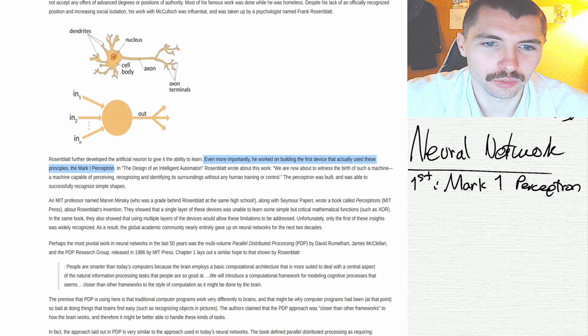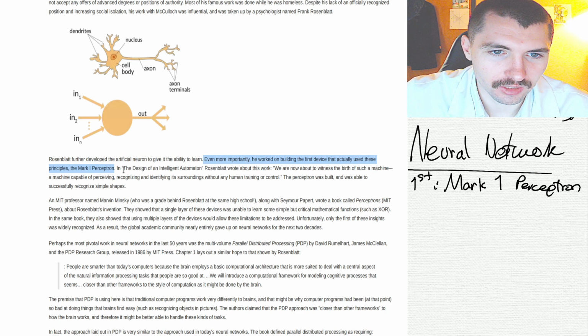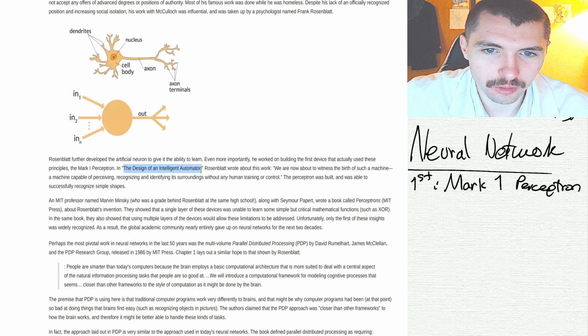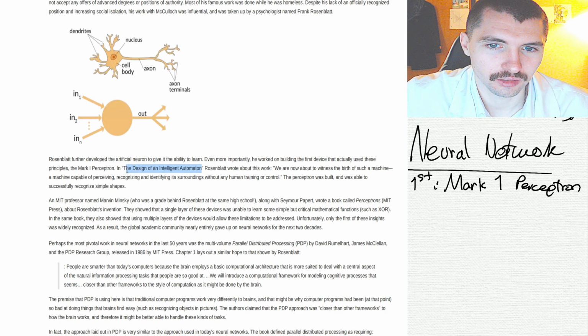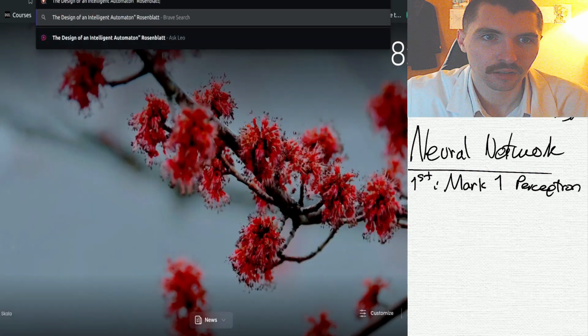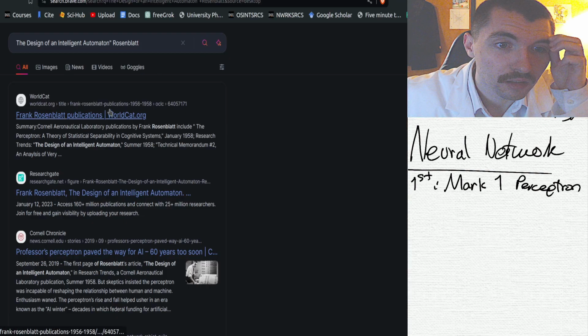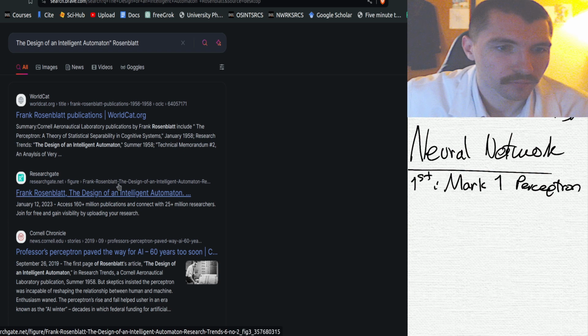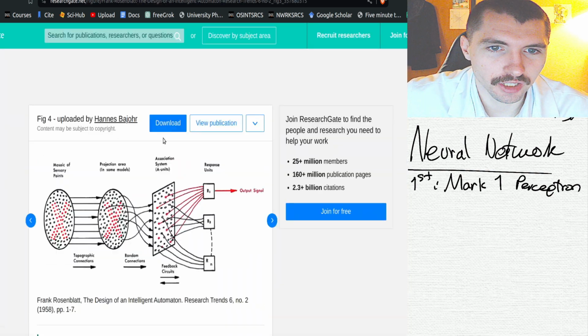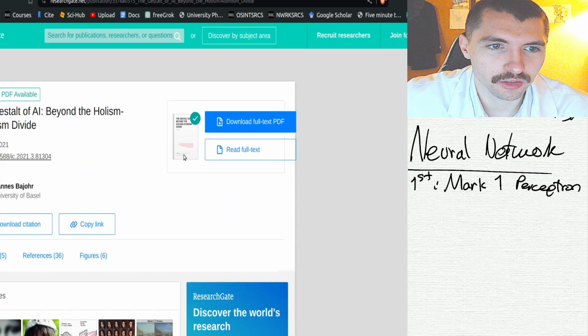That's the old one. The Design of an Intelligent Automaton. Is that a book? Okay, I want to know if this is a book. Oh, here we go, ResearchGate, view publication.